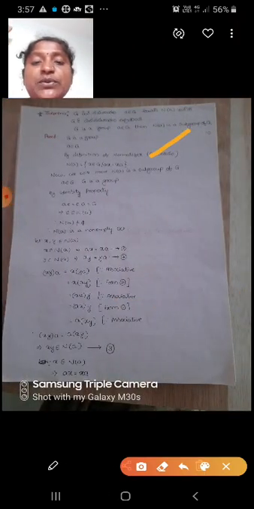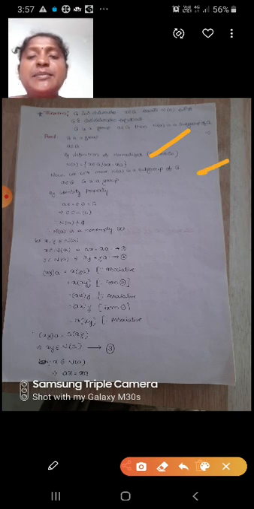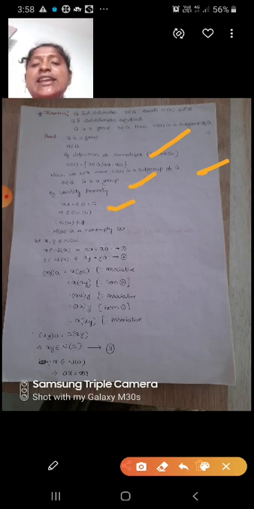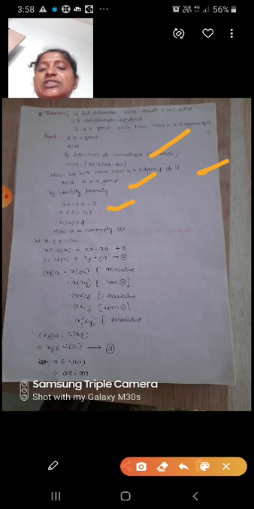Now we will prove that N(A) is a subgroup of G. By the identity property, AE equals EA equals A, which implies E belongs to N of A. Therefore N of A is a non-empty set.